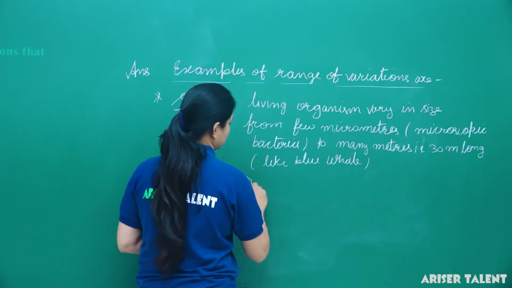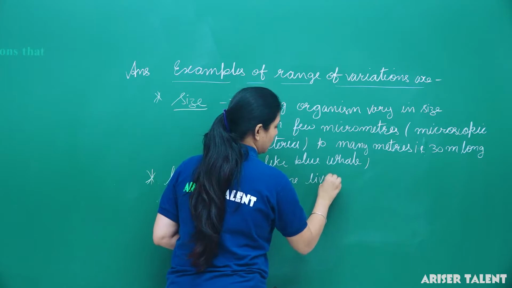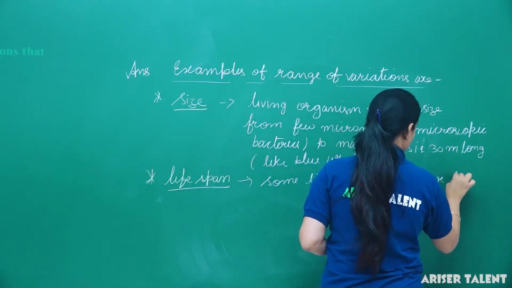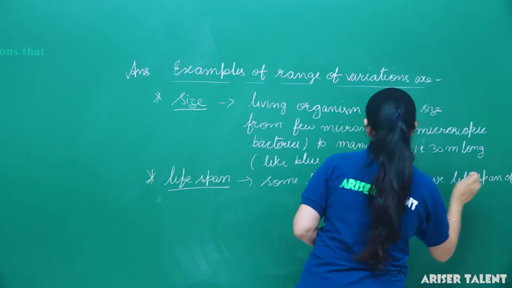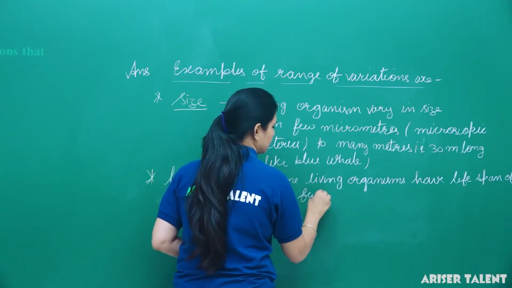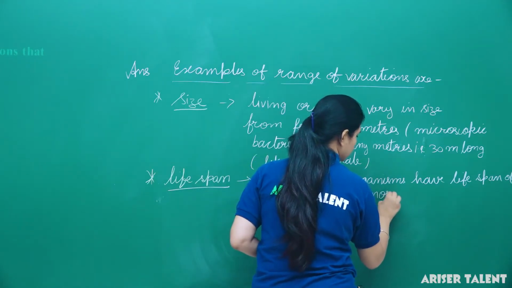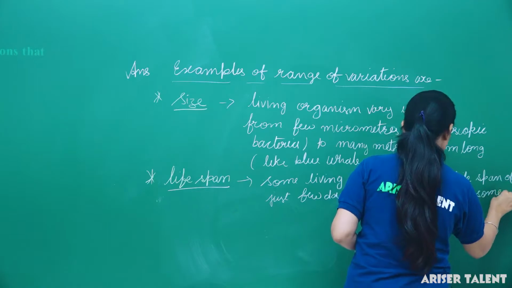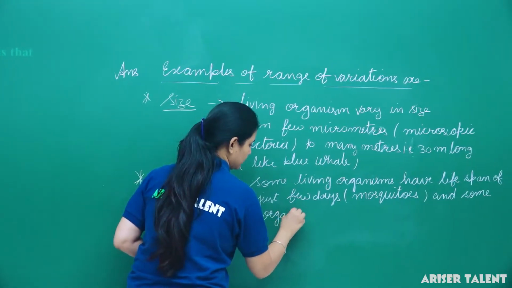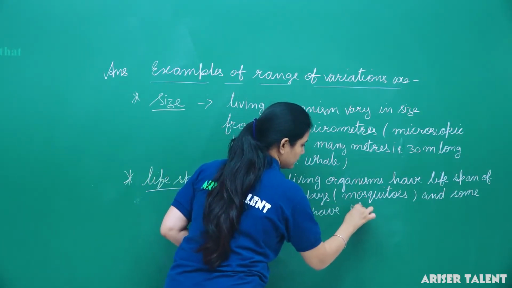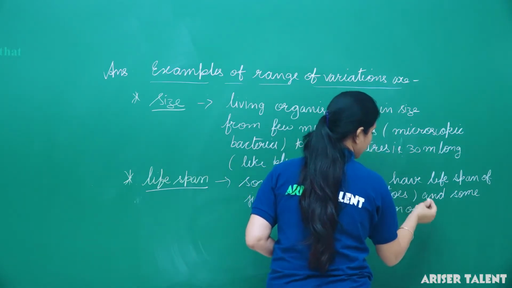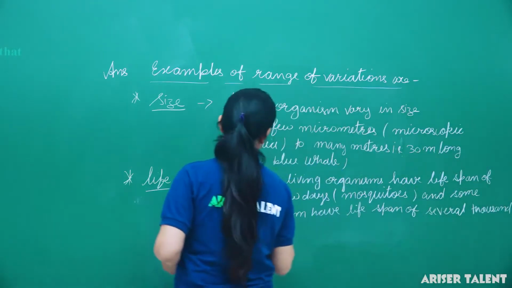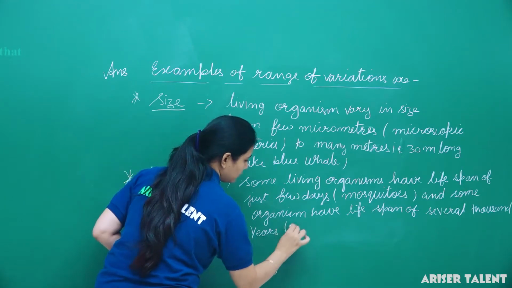Here we mention some living organisms have a lifespan of just a few days, like mosquitoes, and some organisms have a lifespan of several thousand years, for example, pine tree.